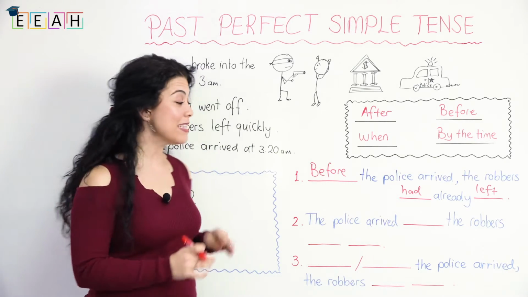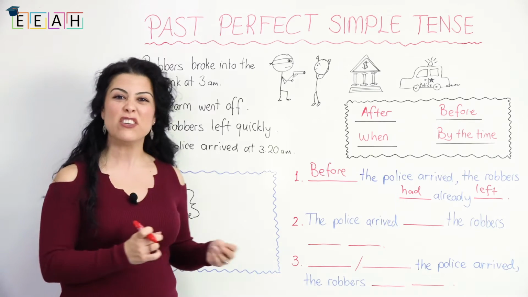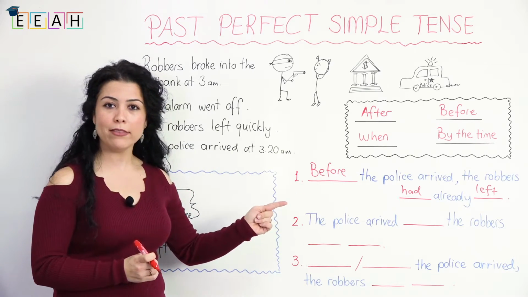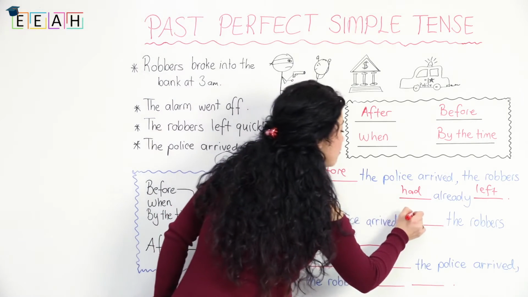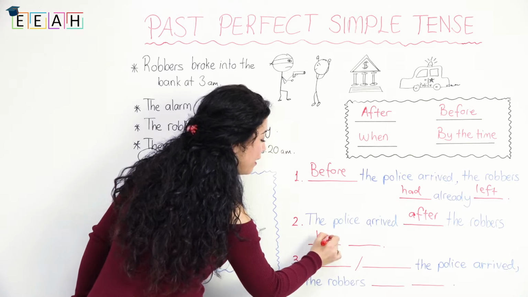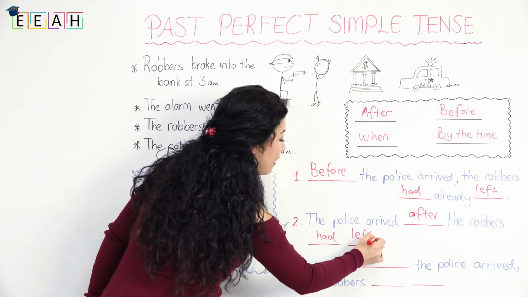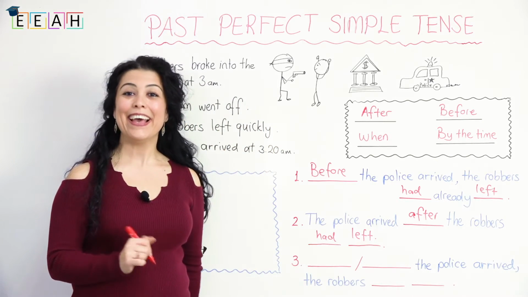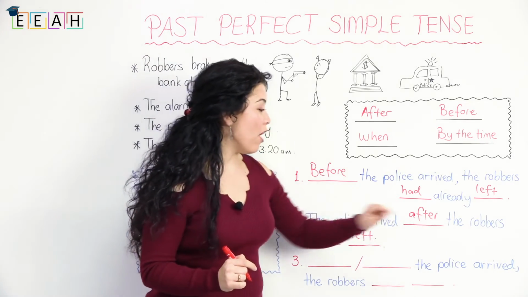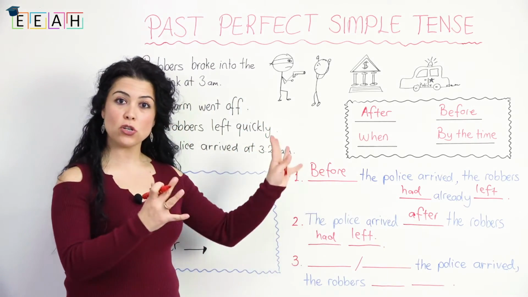Yes. Let's try another one using a different conjunction this time. Look at the sentence. It's the same sentence, but the order changes. Look, the police arrived when? After the robbers had left. Yes? And number 3, look at this one. Well, the police arrived, the robbers.